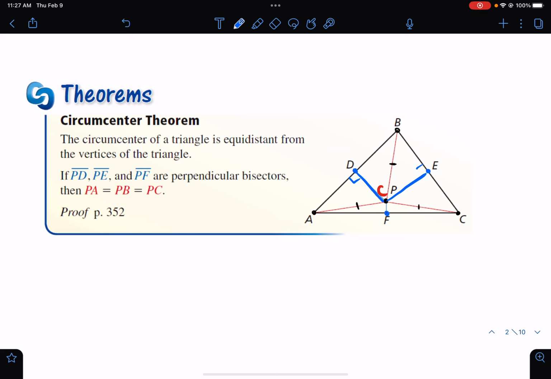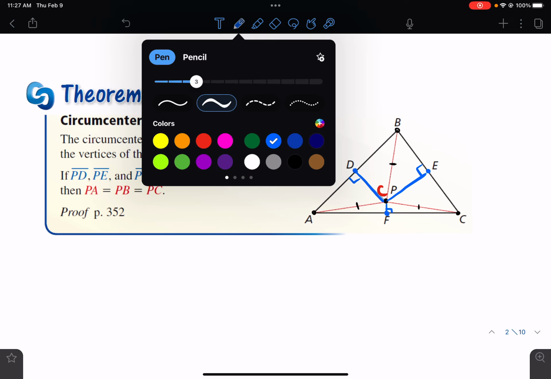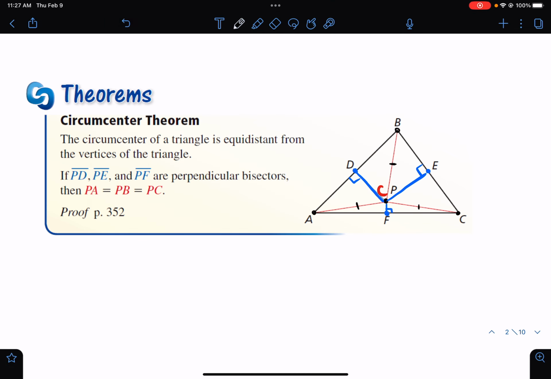And this is a characteristic that you want to make sure of, because not only do you get information about the lengths of these parts of the image, but because the circumcenter is created from the perpendicular bisectors, we also know that this length right here from A to D is the same as the length from D to B, because D is the midpoint.